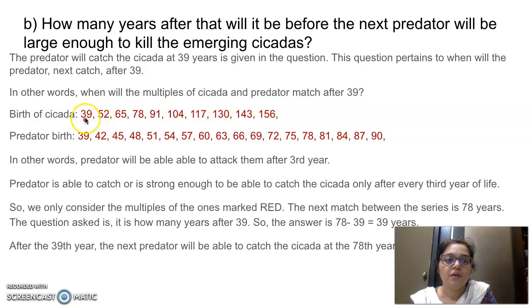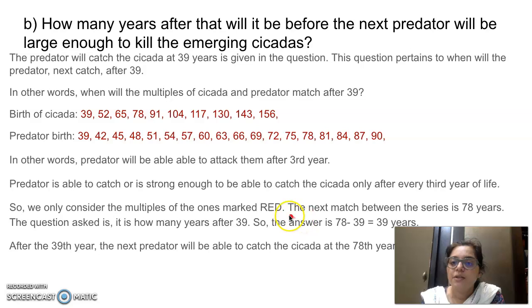Okay, you can go through the slide, the things that are written on the side. They are pretty self-explanatory. So the birth is again every 13 years. I have written for the predator birth, and the predator attack and the life cycle is again every 3 years. Now you see, when are these two next matching?